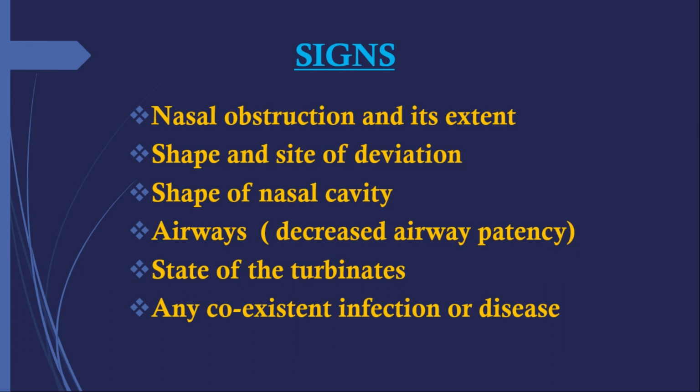While the shape and site of deviation must also be looked for. And the shape, I told you, can be C-shape or S-shape or spur, and the site of deviation can be either cartilaginous or in the bones, the vomer bone or the perpendicular plate of ethmoid, or both.